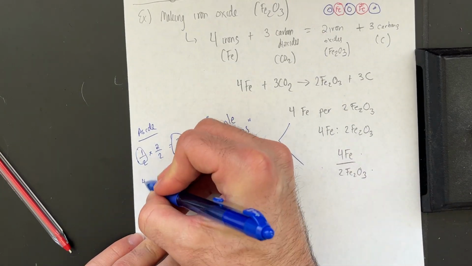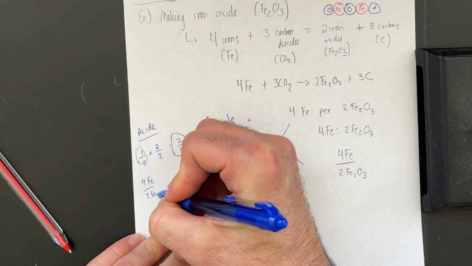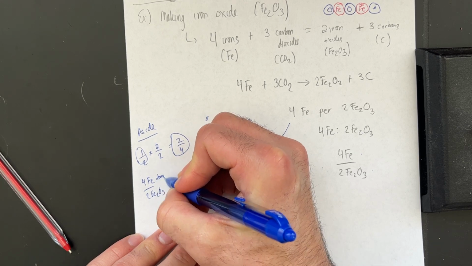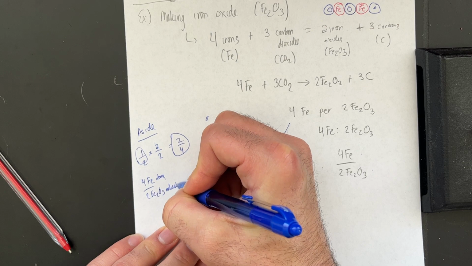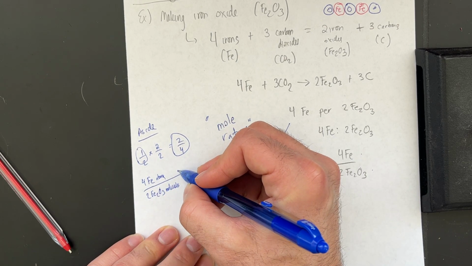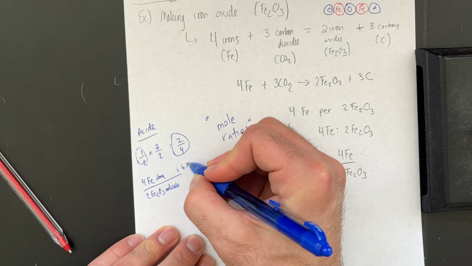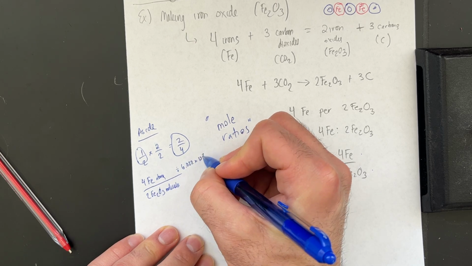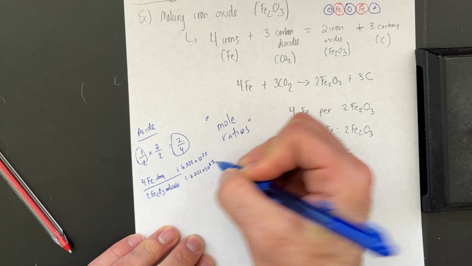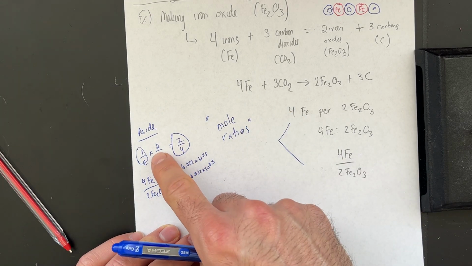So if I took this, and we're talking atoms here and molecules here, and I wanted to turn this into moles, I would divide both sides by 6.022 times 10 to the 23. But do you see that I'm doing basically the same thing? Here I multiplied both by 2.